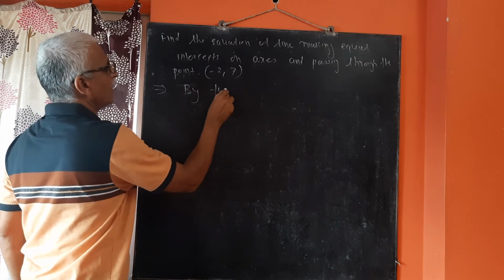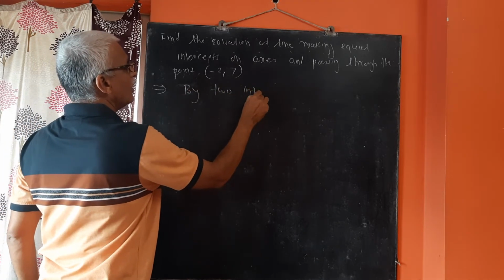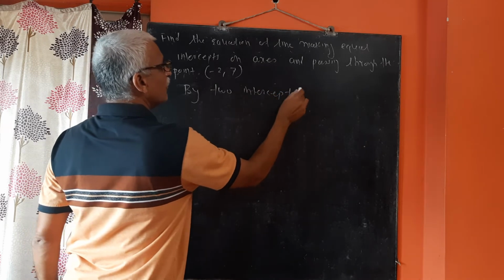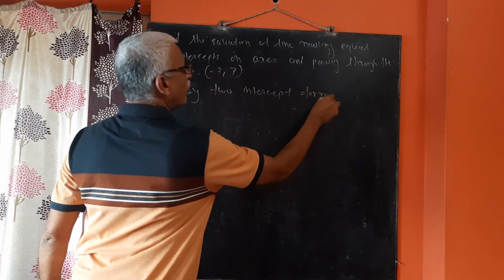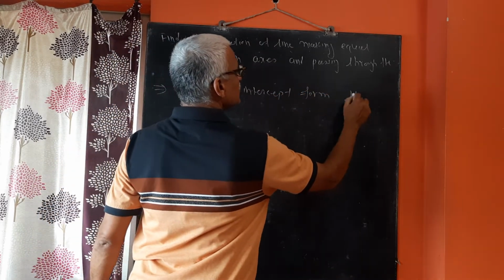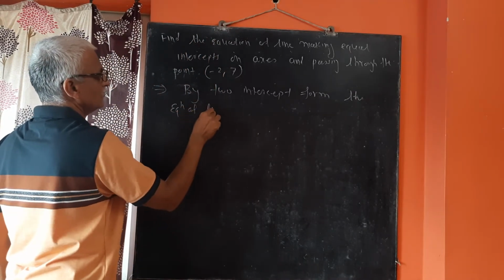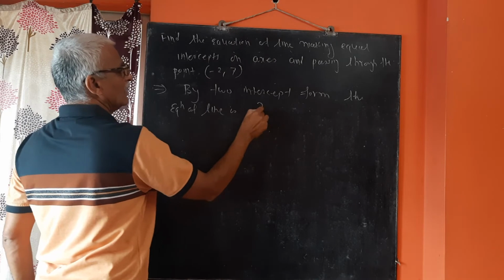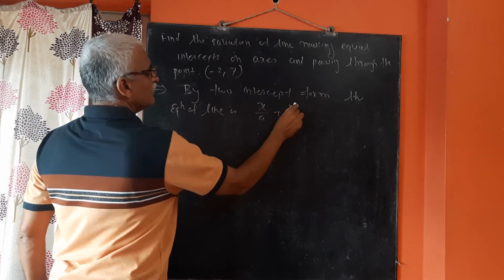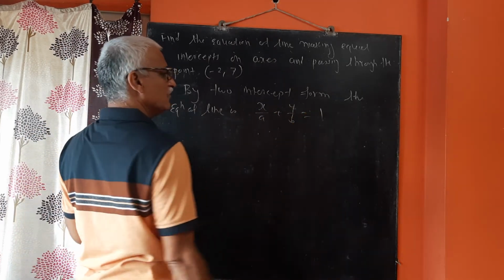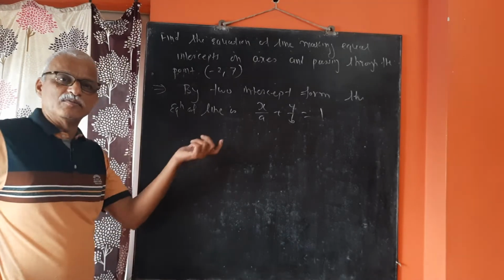the equation of line is x upon a plus y upon b is equals to 1. That is the standard form.